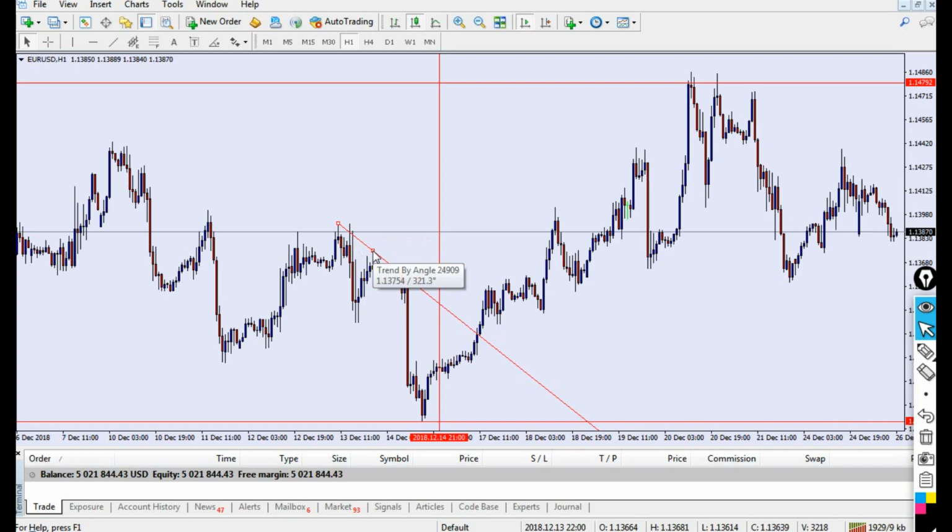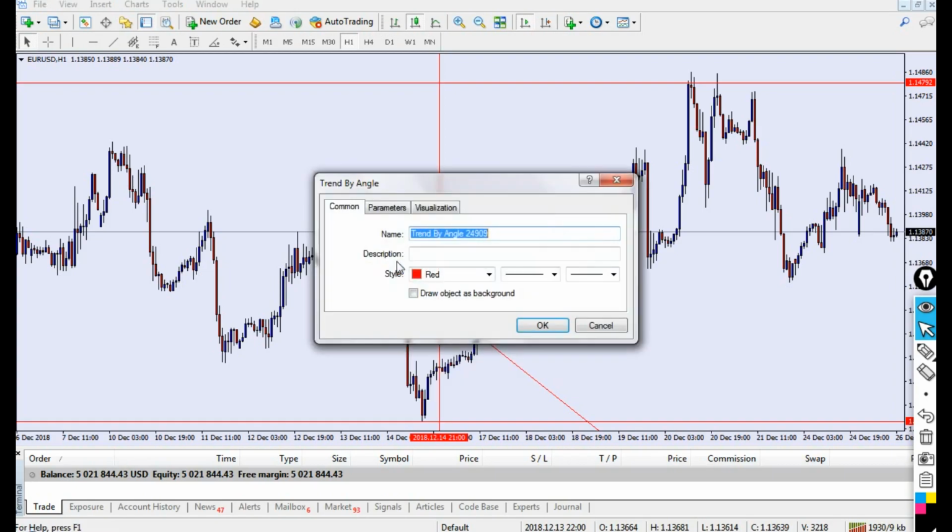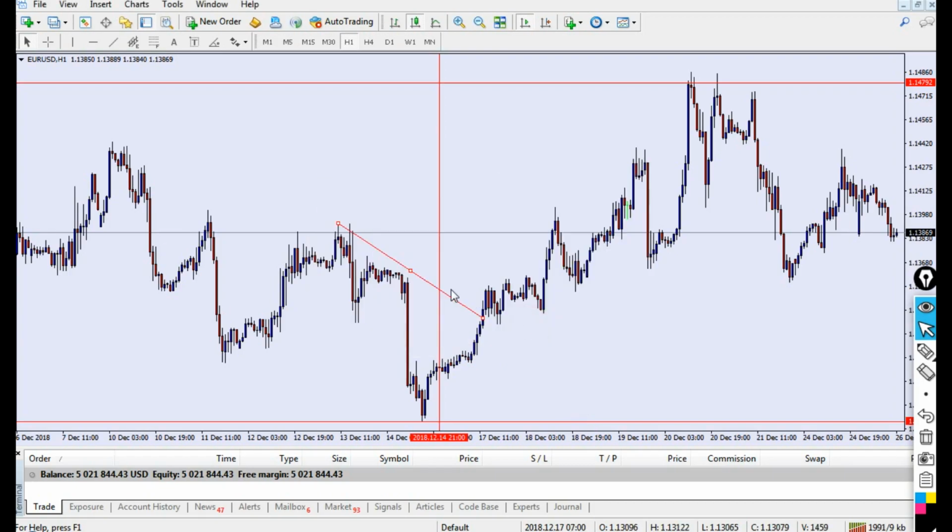Now the main thing to understand is that you right click here on the trend by angle, first uncheck the ray option in parameters, and then in angle in degrees, point to be noted, if you are taking a down trend line for sell, then you will take the negative value of 33.6, and when you press OK, it will be set as a 33.6 angle.